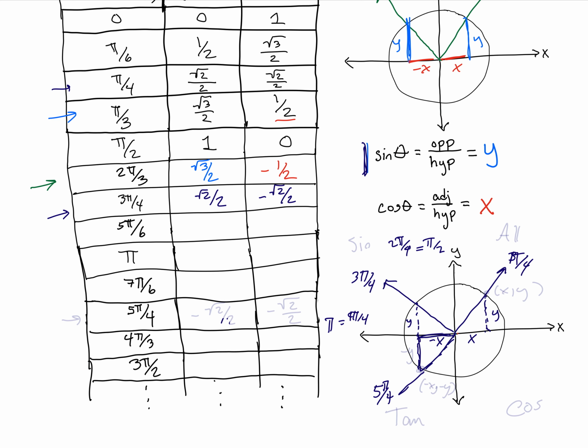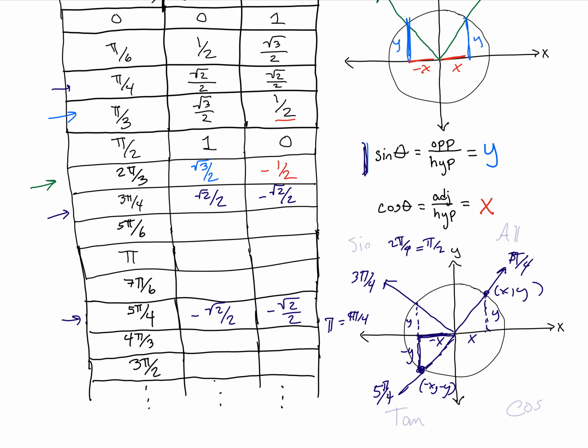So I've still got negative x as the base of the triangle, but now the point where the triangle hits the unit circle is at negative y. So if this was the point x comma y, this is the point negative x comma negative y. So both the x and y values are going to be negative here. This is 5 pi over 4. So negative square root of 2 over 2 and negative square root of 2 over 2.